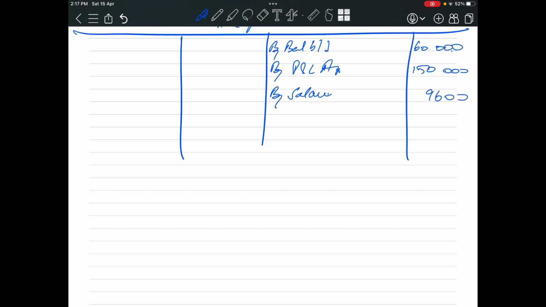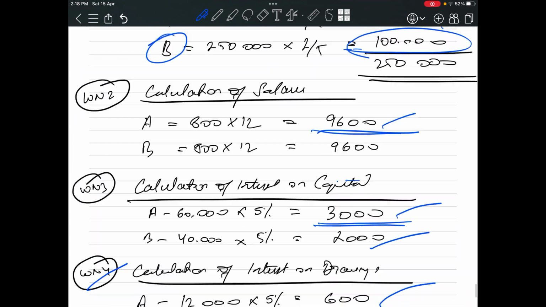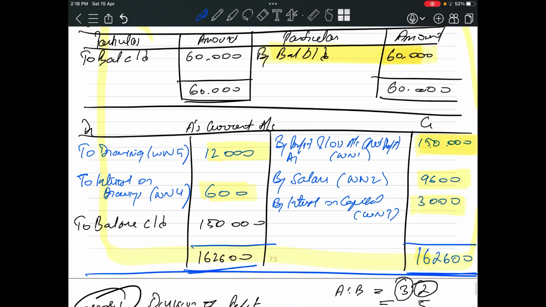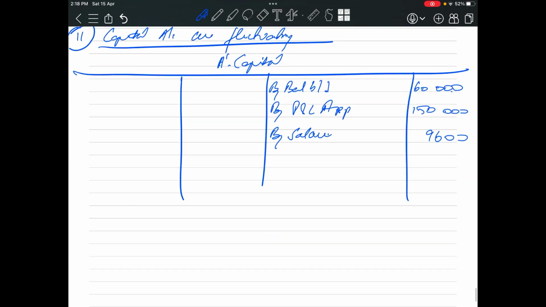This will be from the P&L appropriation account, because we have prepared partners' P&L appropriation account now, so the balance will be transferred from the appropriation account. Salary is 9,600 and he got interest on capital 3,000.